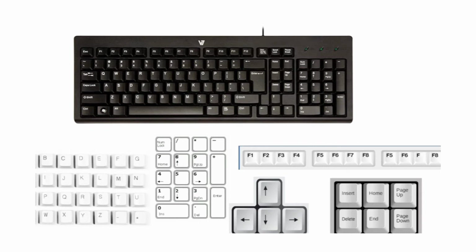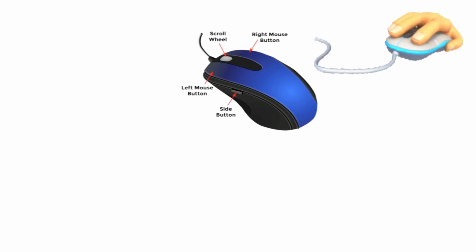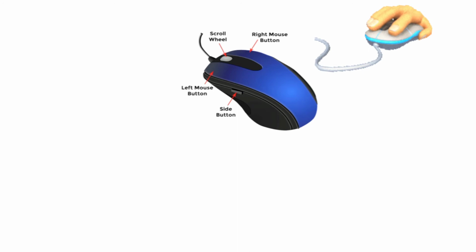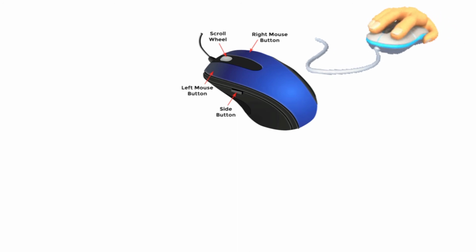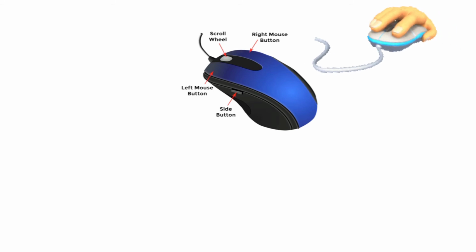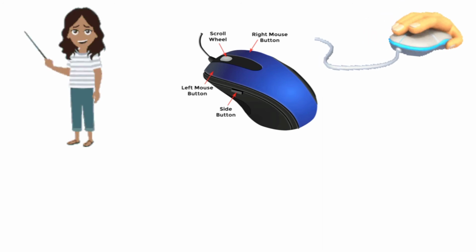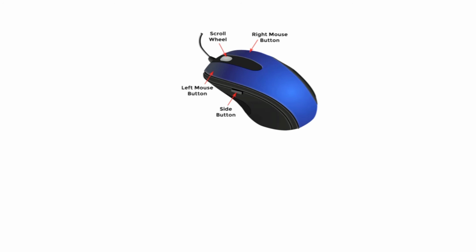The next input device is the mouse. A computer mouse is a handheld hardware input device, or you can say it is a commonly used input device which is used by pointing and clicking the object on the screen. It has 2 or 3 buttons on it.